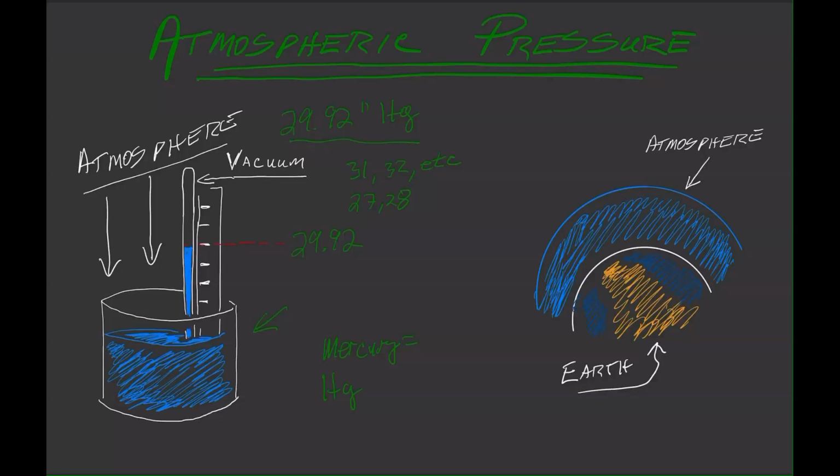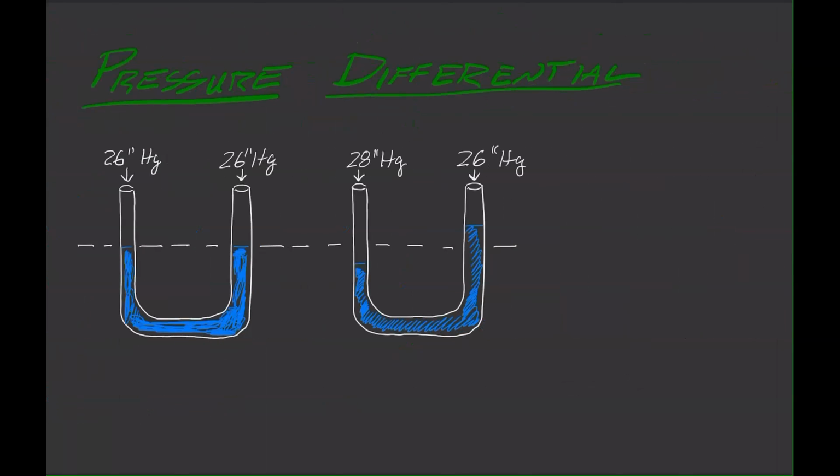One thing to think about with airplanes and airplane carburetors: if I take this very same bucket of mercury and tube, and I've got it here on Earth, and I go up in altitude to this location, the pressure will decrease simply because there is less atmosphere pressing down here than there was here. Again, just some oversimplified little principles about atmospheric pressure to keep in mind.